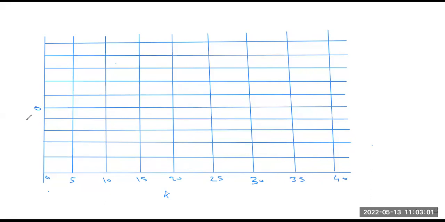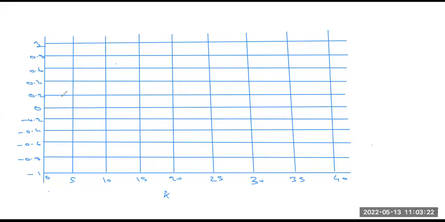And on the y axis, minus 0.2, minus 0.4, minus 0.6, minus 0.8, and minus 1, and 0.2, 0.4, 0.6, 0.8, and 1.